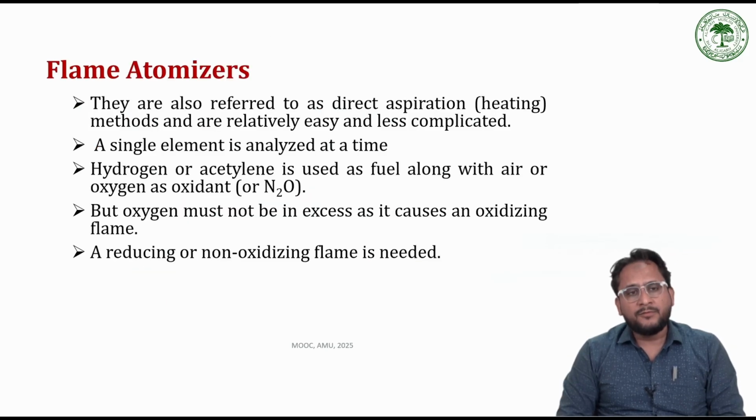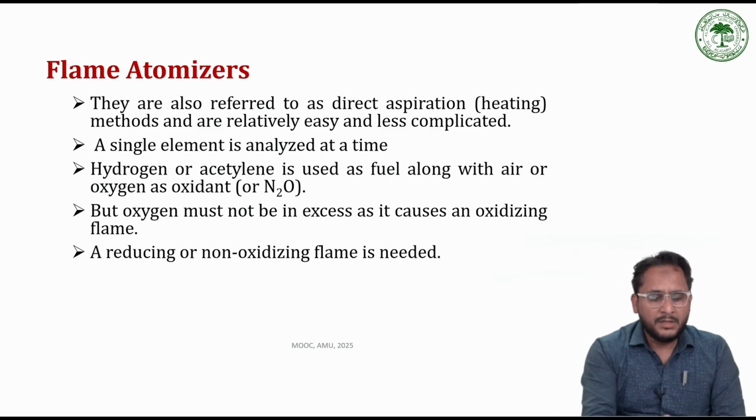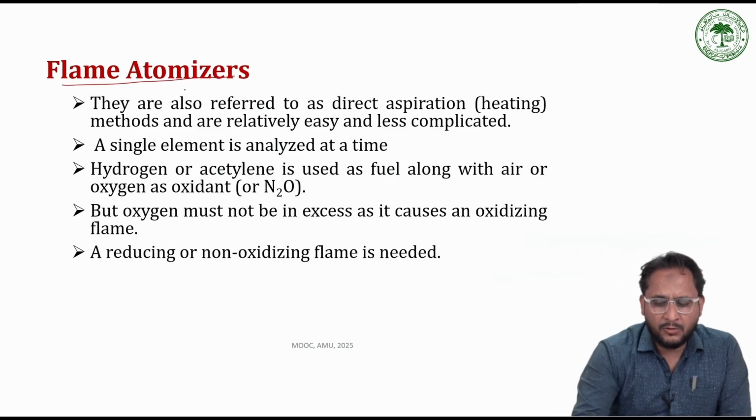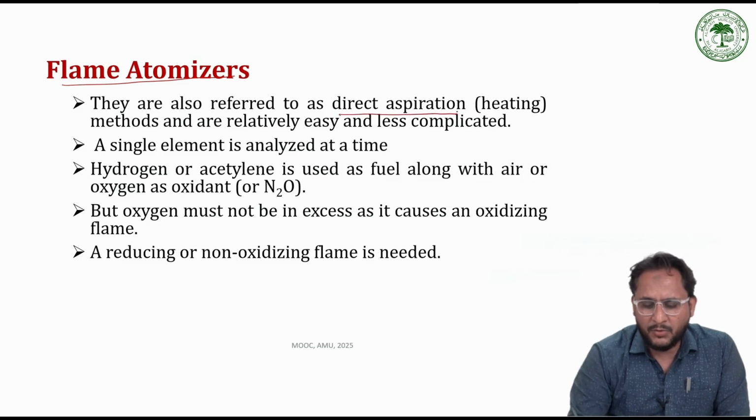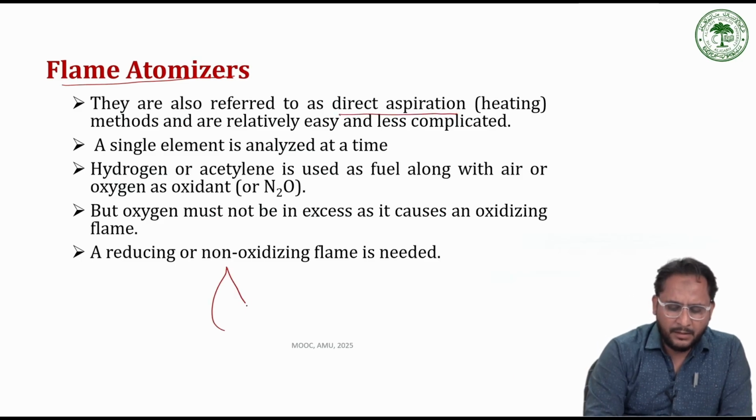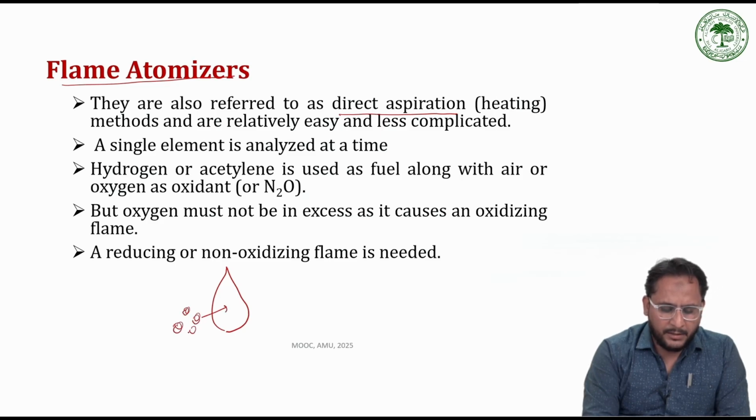So there are two types of atomizers, the flame atomizers and graphite furnace, which is a type of electrothermal atomizer. These flame atomizers are also called direct aspiration. Why? Because here we directly light a flame, and the aerosols are directly entered into this flame, converting them into individual atoms in vaporized and ground state.